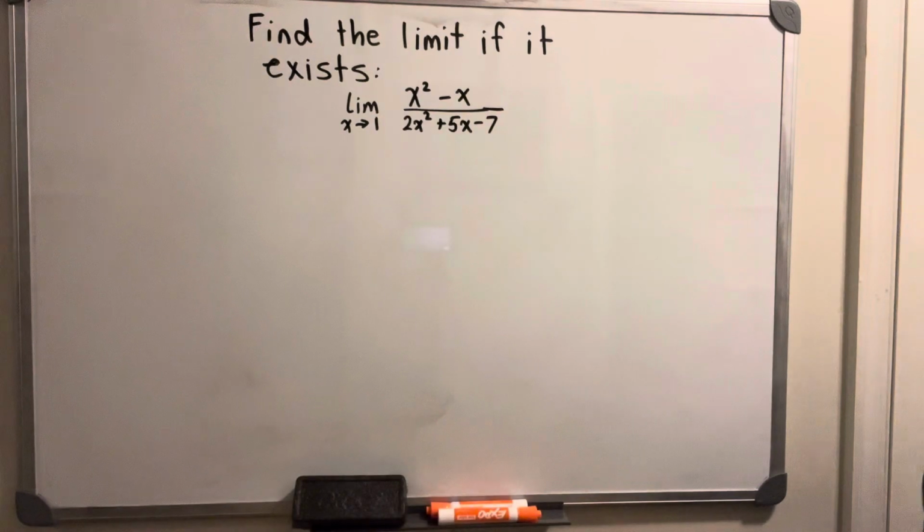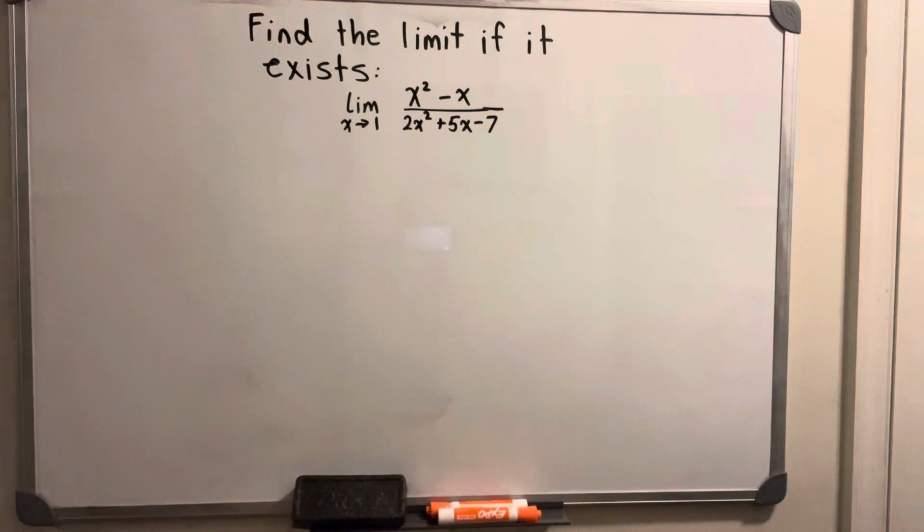This problem says find the limit if it exists, and the function is the limit as x approaches 1 of x squared minus x over 2x squared plus 5x minus 7. The function doesn't have to exist at 1 for a limit to exist as x approaches 1.